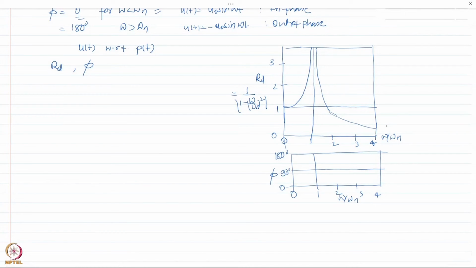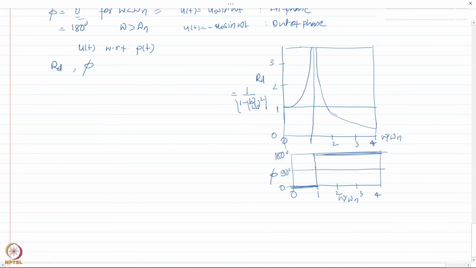Now compared to that I have the phase angle. If omega by omega n is less than or equal to 1, it is 0, and if it is greater than 1, it is 180 degree.